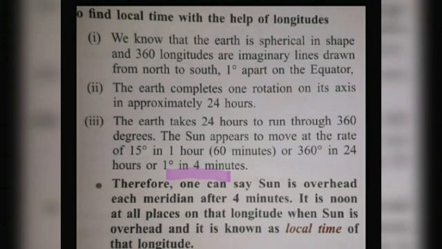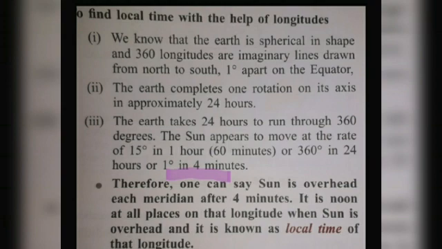Now how do we find out the time of any local place? With the help of longitude. We know that the earth is spherical in shape and that the 360 longitudes are imaginary lines drawn 1 degree apart from the equator. The earth completes one rotation in 24 hours. So when we divide both figures, we get 15 degrees in 1 hour.